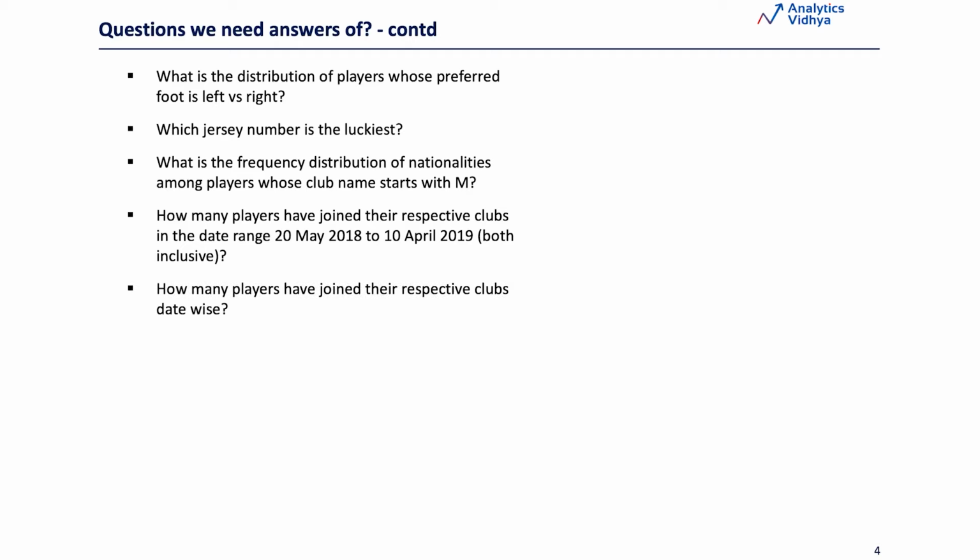The next is how many players have joined their respective clubs date-wise. So this is a distribution. I want to see on each date how many players have joined their clubs. So this kind of distribution is there in practice a lot of times. So for example, in our website also we track what are the daily user signups or how much daily revenue we are getting.